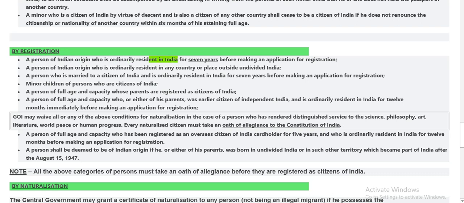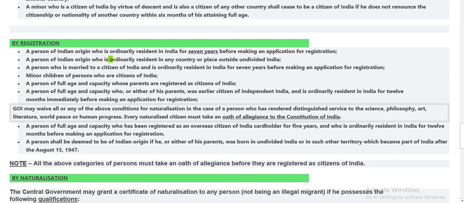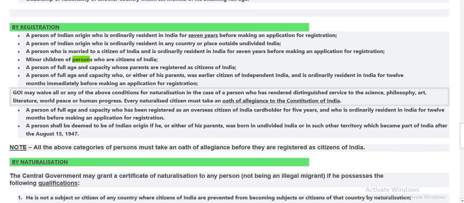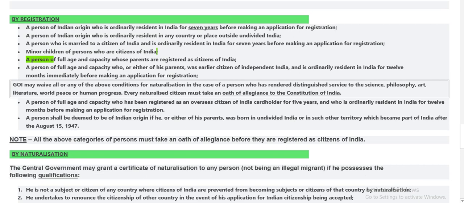By registration. A person of Indian origin who is ordinarily resident in India for 7 years before making an application for registration. A person of Indian origin who is ordinarily resident in any country or place outside undivided India. A person who is married to a citizen of India and is ordinarily resident in India for 7 years before making an application for registration.